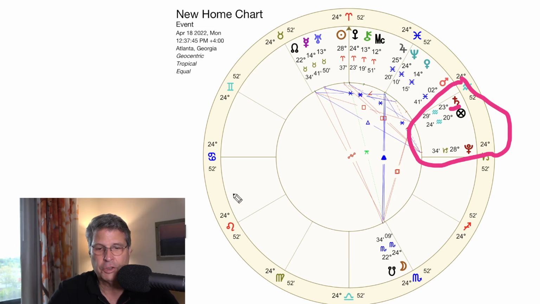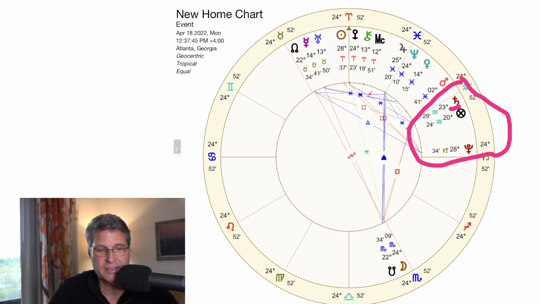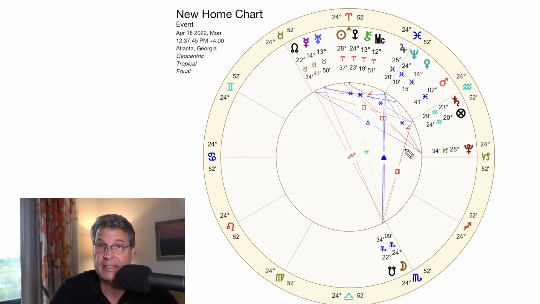Well, the chart is otherwise readable, but Saturn in the 7th house is one of the "don't do it" signs, because Saturn kind of messes stuff up in horary astrology. But there are a couple of exceptions. One of the exceptions is if you have Saturn in the 7th house in your natal chart, and I do.